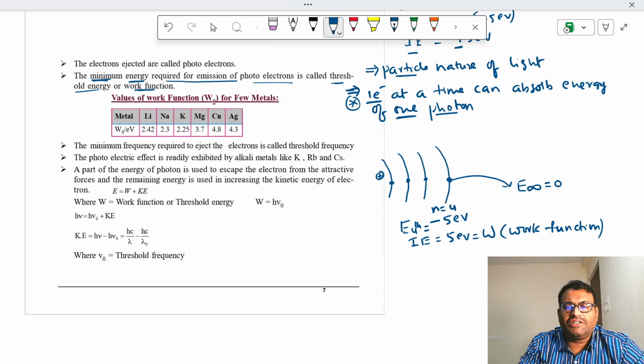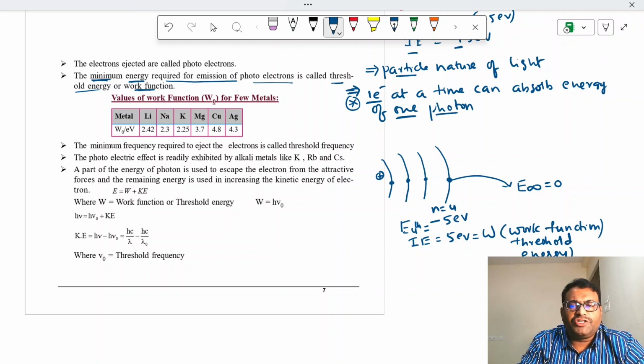So the first point you need to remember is that to remove or eject an electron from an atom, some minimum energy is required. That minimum energy has to be absorbed by that electron. That minimum energy is called the work function.